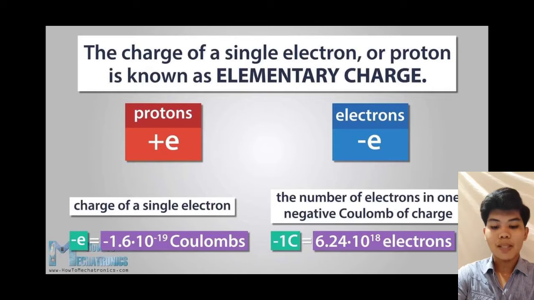Protons have a charge of positive e and electrons of negative e. So one electron has a charge of negative 1.6 times 10 to the negative 19 coulomb, and one negative coulomb is 6.24 times 10 to the 18th electrons. One proton has the same value of electric charge but with a positive sign.